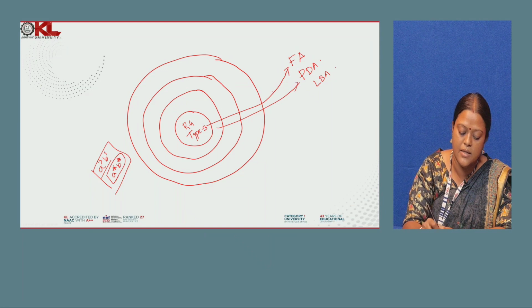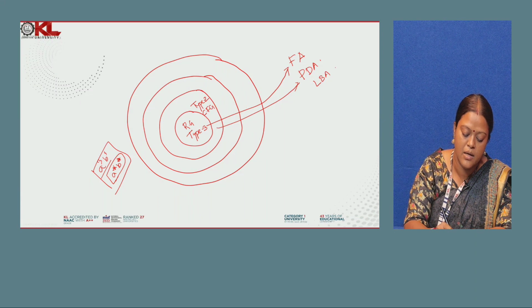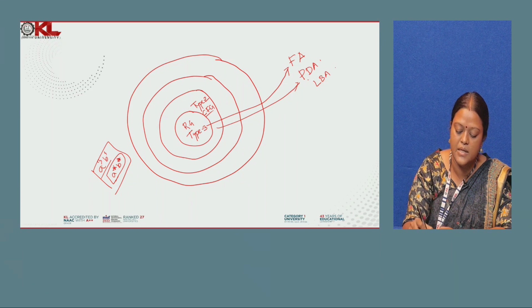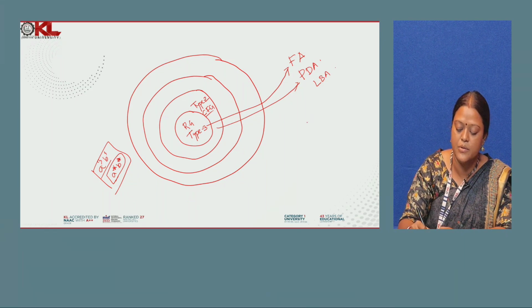Then we studied the next grammar, type 2 grammar, which is context free grammar (CFG), and we studied PDA related to this, where we used a machine plus a stack.